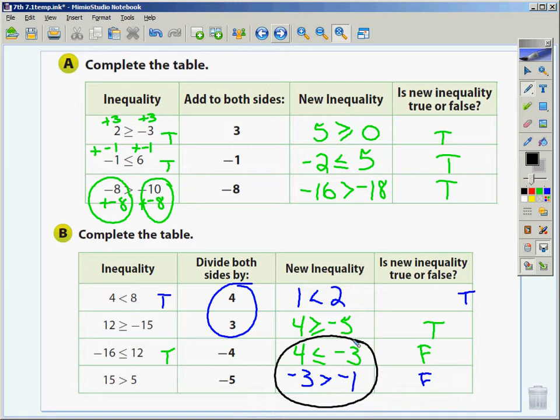Get rid of the negative sign. I want to change the inequality, though, not change the numbers. You're right, if I got rid of the negatives, it would work. We could add negatives. What could I do to change the inequality? The only thing I want to change is this part. What could I do to change it to make it true?